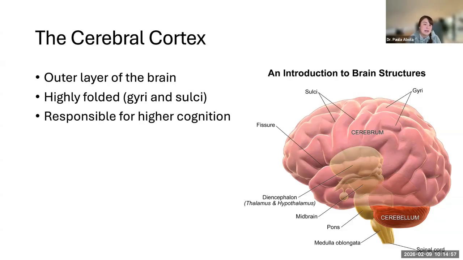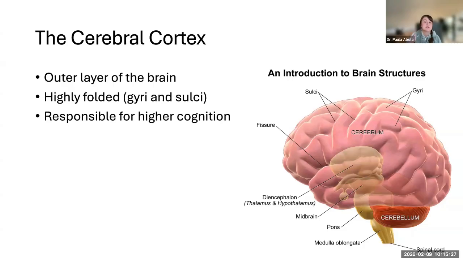So one of the defining features of the cerebral cortex is its folded structure. So, as you see also on the slide in the picture, it is made up of ridges called gyri and grooves called sulci. And these folds are not random, though they might seem so in the first place. They actually dramatically increase the surface area of the cortex, allowing more neurons to be packed into a limited space.